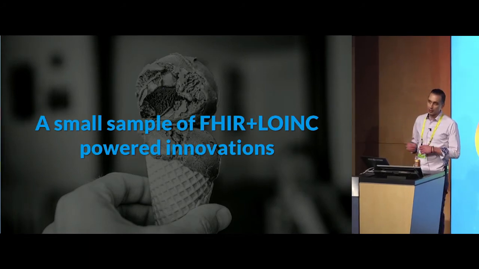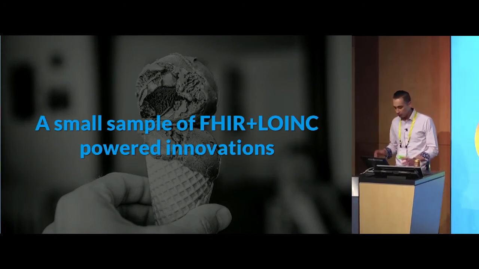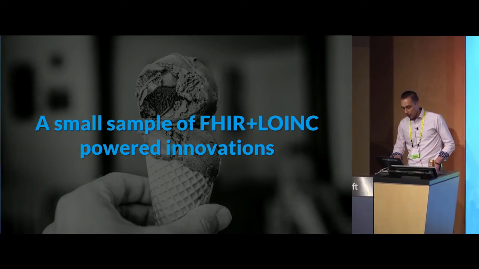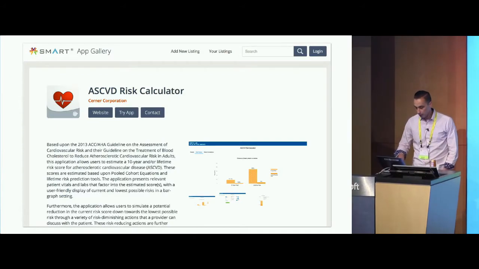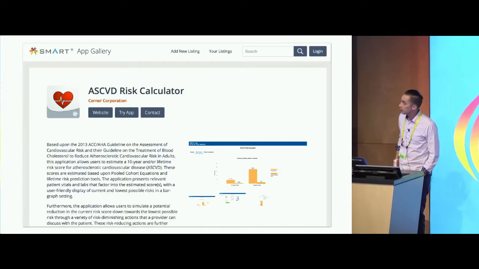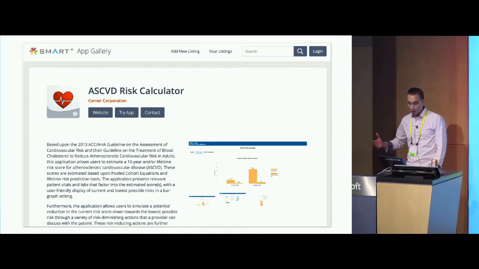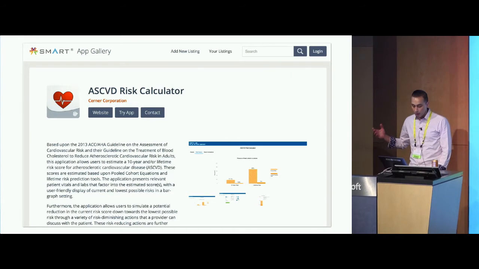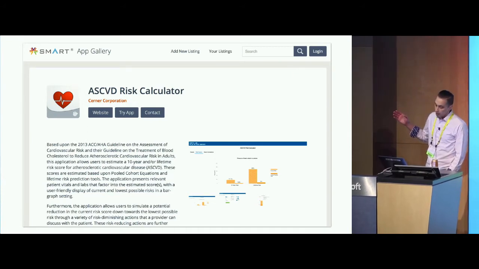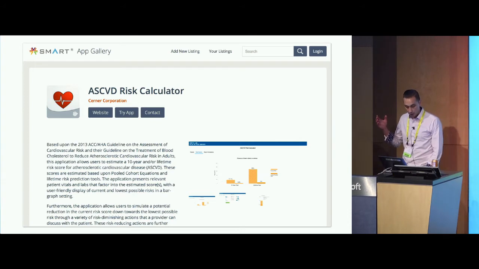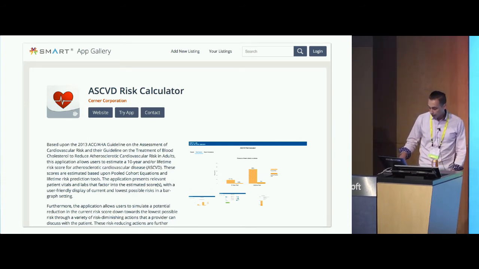I just want to give a quick snapshot of a few samples of how having FHIR and LOINC together can do some cool things. For example, you've probably seen a variety of SMART on FHIR apps that are designed around improving clinical decision making, that provide CDS. Here's an example that is going to help predict cardiovascular risk based on some guidelines.